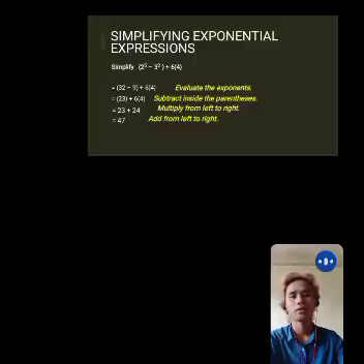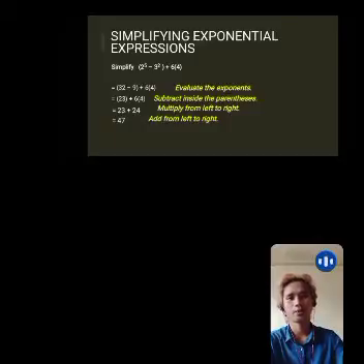And then we have plus 6 times 4. After we evaluated the exponents, now we are going to subtract inside the parentheses. So 32 minus 9, that would be 23. After subtracting inside the parentheses, we multiply from left to right.